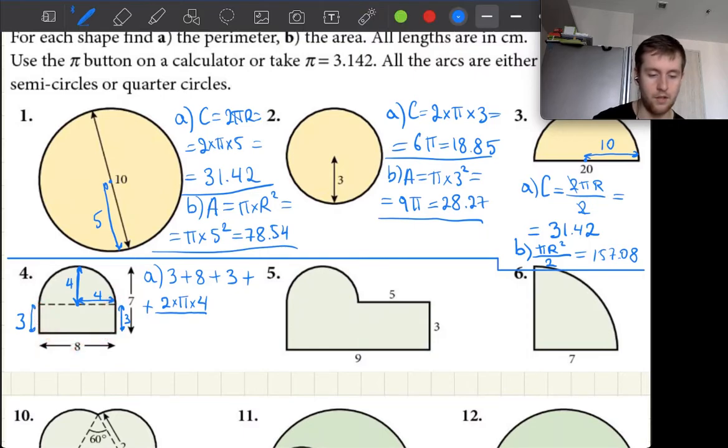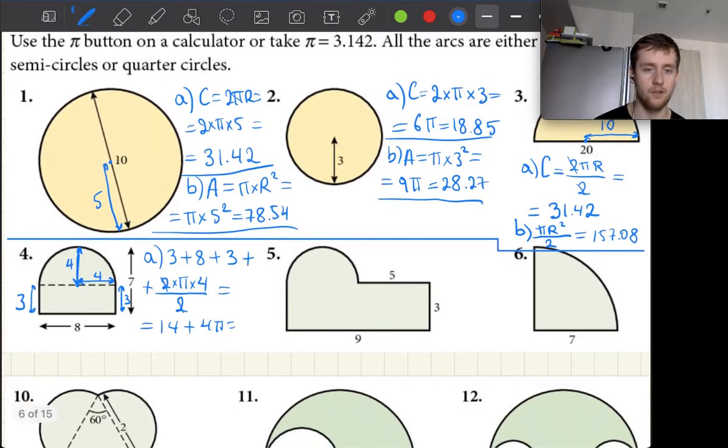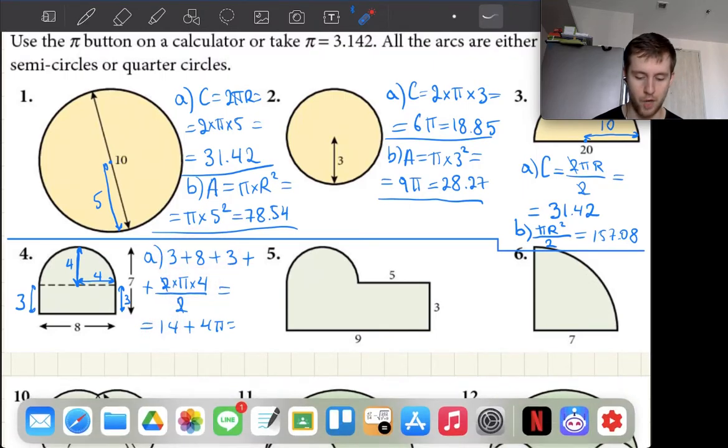We have to divide this full circumference by 2. All right, so what we have is 14 plus 4 pi in the end, right? So we have 3 plus 8 plus 3 is 13. And then this is pi times 4. We can write it as 4 pi.